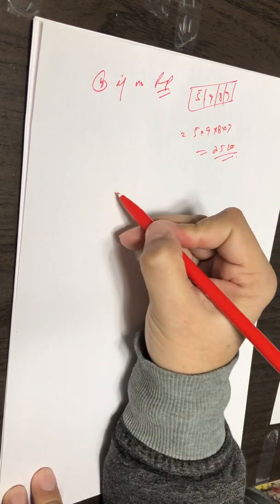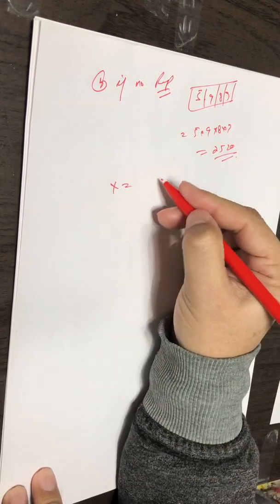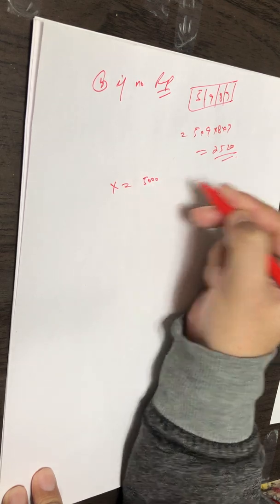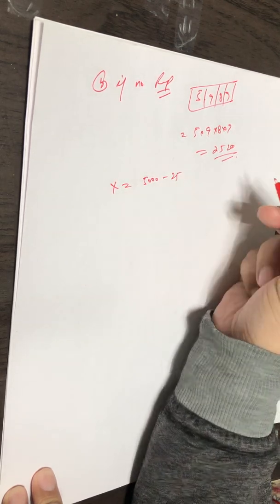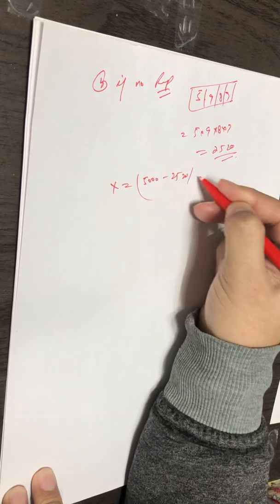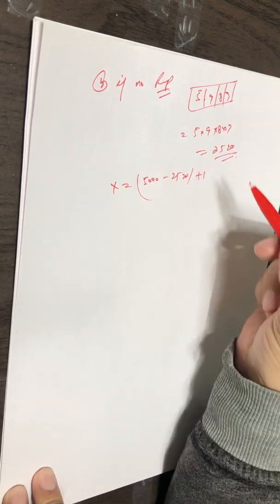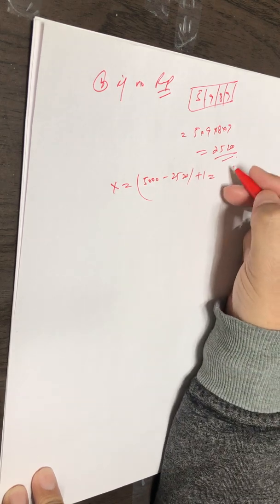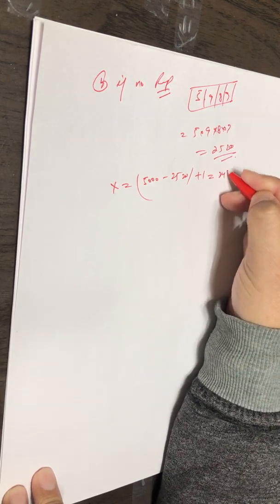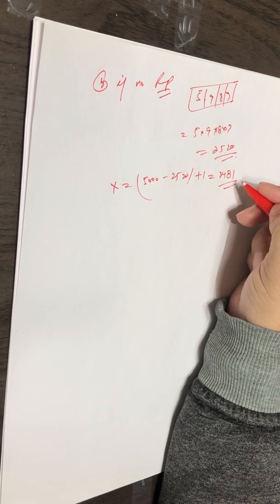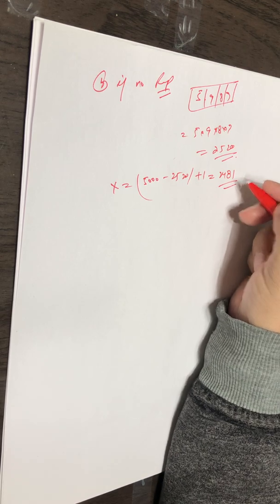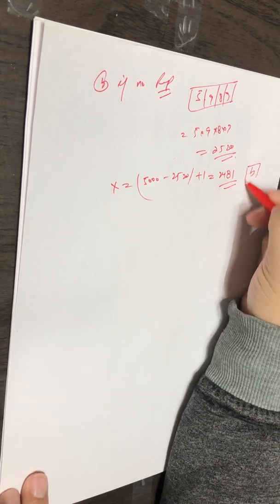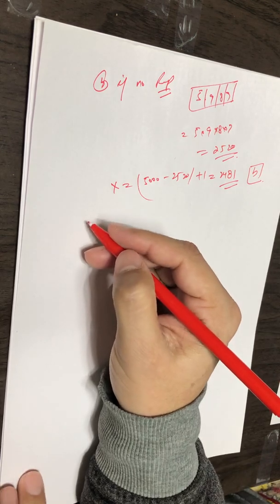So it means number x will be given by 5000 minus 2520 plus 1. Plus 1 because we have considered a lesser number. We are going to get this as 2481. So it means in this case the correct answer will be option B.